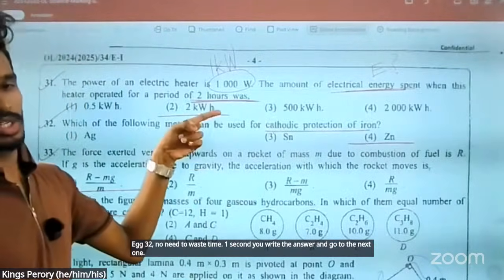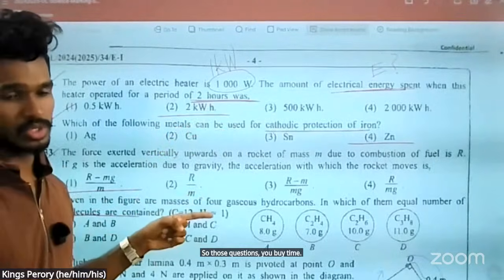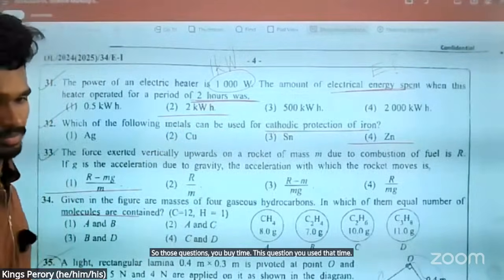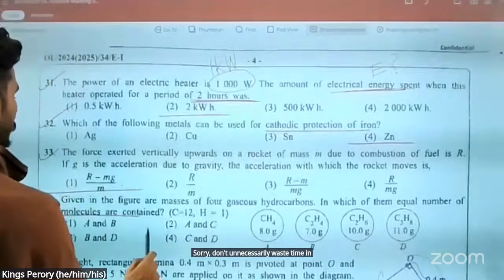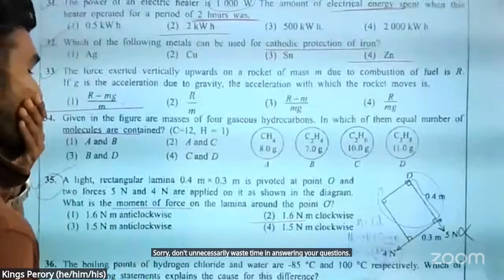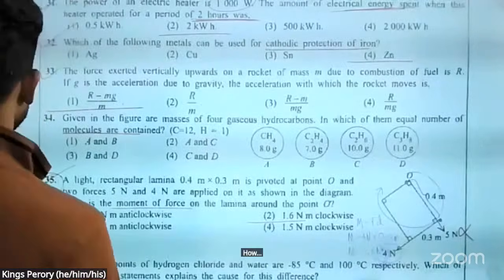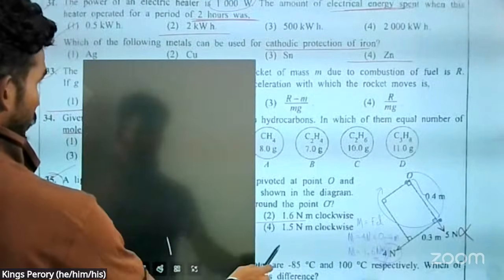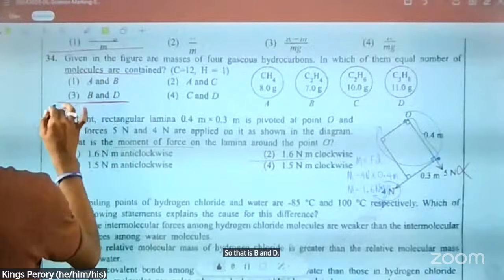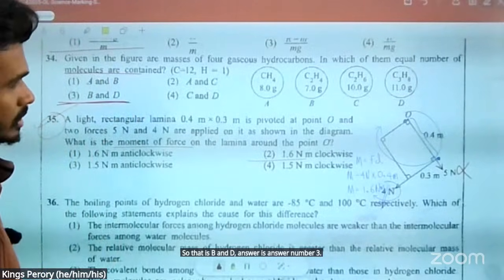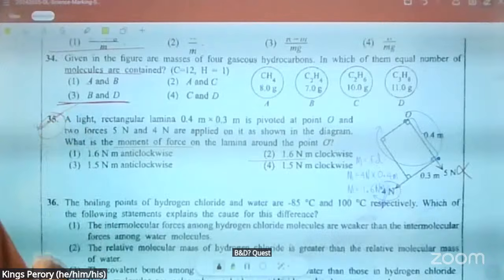So those questions you buy time, and this question you use that time. Don't unnecessarily waste time in MCQ questions. So that is B and D. Answer is answer number 3. Question 35 already done.